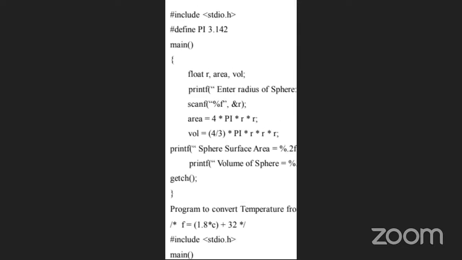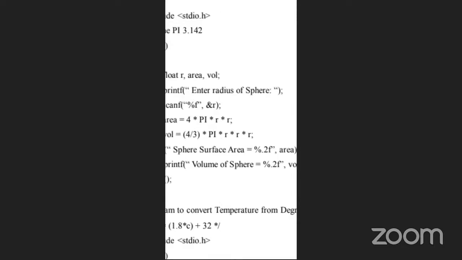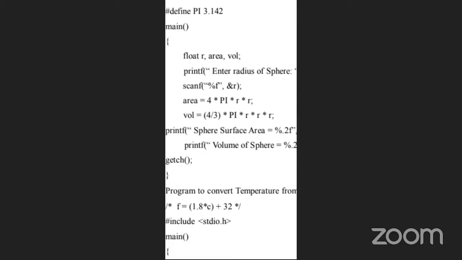PI 3.142. When we start main, open bracket starts. See that: float r, area, volume. Next, printf in brackets, enter radius of sphere. Scanf in brackets %f comma &r, where area = 4 pi r square, where volume = 4 by 3 pi r cube.